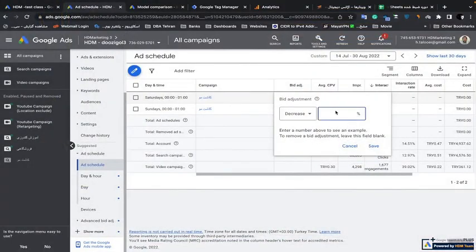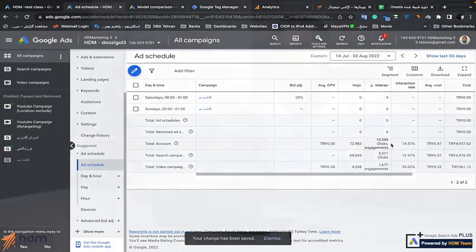I want to set this adjustment. Assume it takes minus 20%. Well, I say decrease it by 20%. What does that mean? It means every auction that is happening, the bid you have set for your keyword, it makes this 100 for manual bids and also for automated bids, automated strategies.